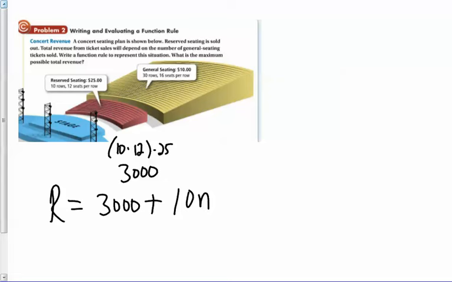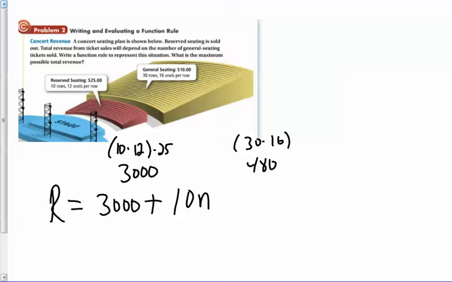Now, what is the maximum possible total revenue? That seems pretty easy to figure out. The maximum possible revenue is to fill the stadium to capacity. So 30 times 16. 30 times 16 is 480.